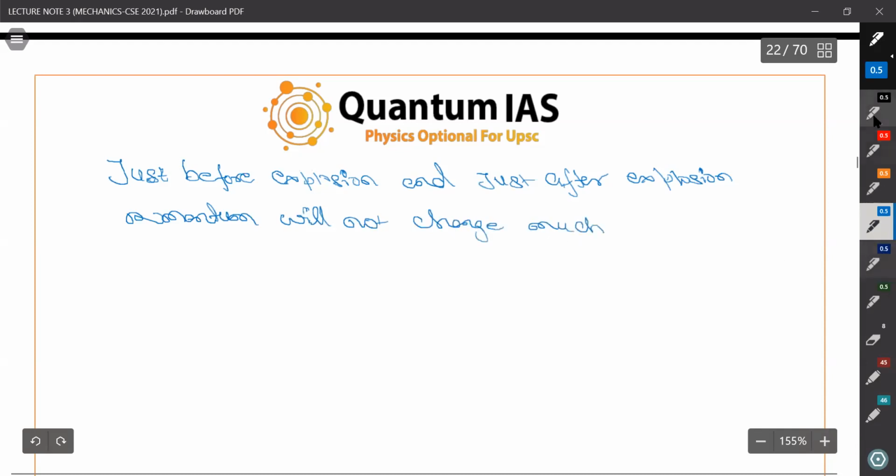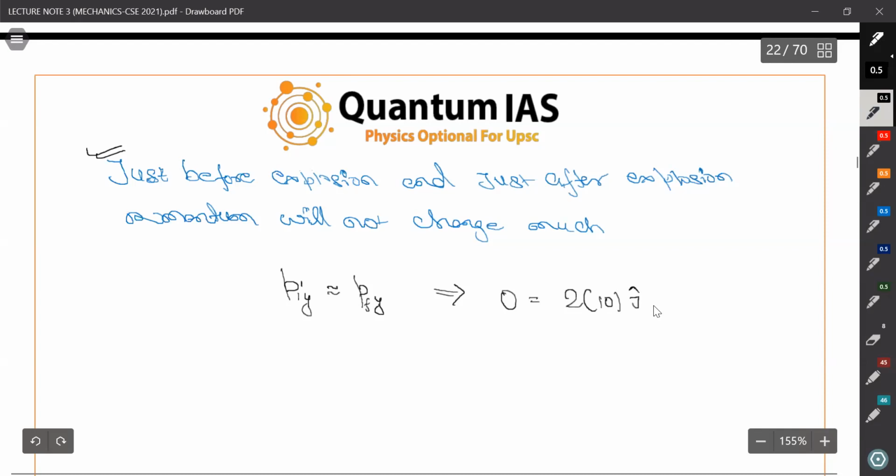So we can write Pi in y direction is almost equal to Pf in y direction, when we take just before and just after the explosion. From here you can write 0, right? 2 into 5 j cap plus 1 into Vy. So you will get Vy equals minus 10 j cap easily.